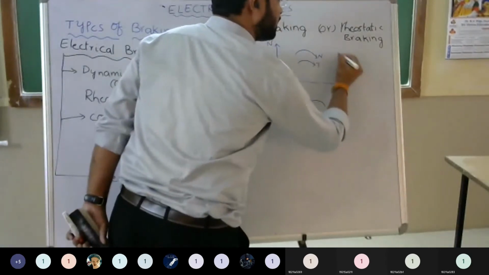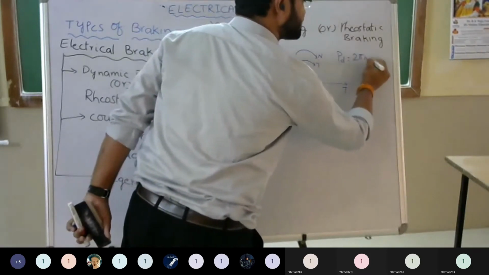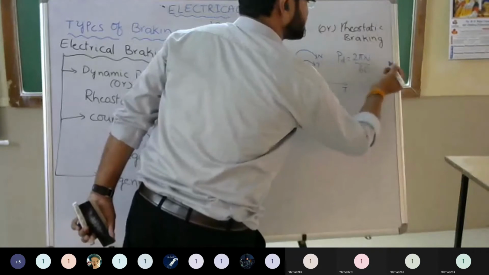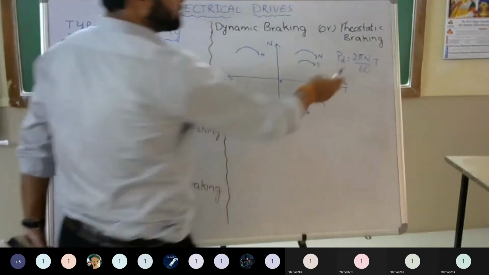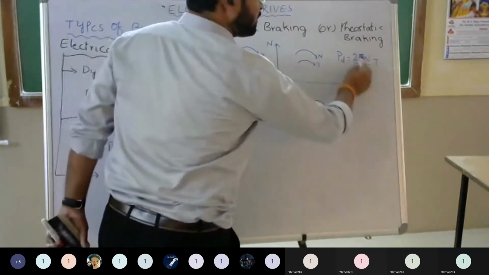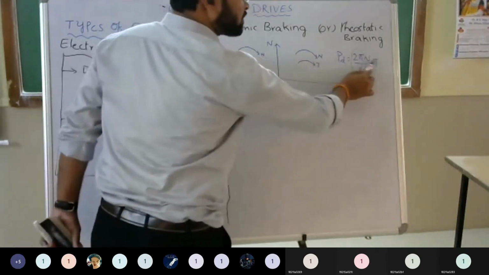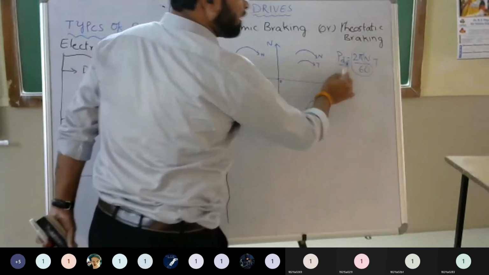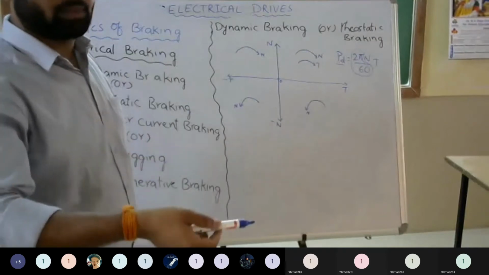One more thing: what is the power? Power is speed into torque, and we took the formula omega T, which is 2 pi N by 60 into T. Here 2 pi by 60 is a constant. When N is positive and T is positive, power will become positive. That means we are driving the motor.